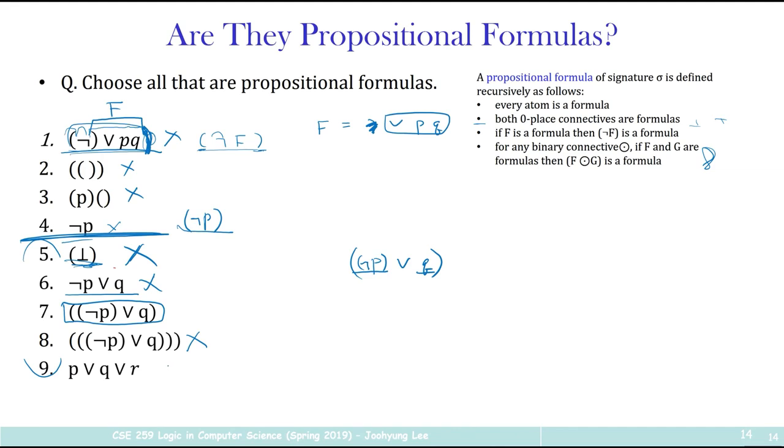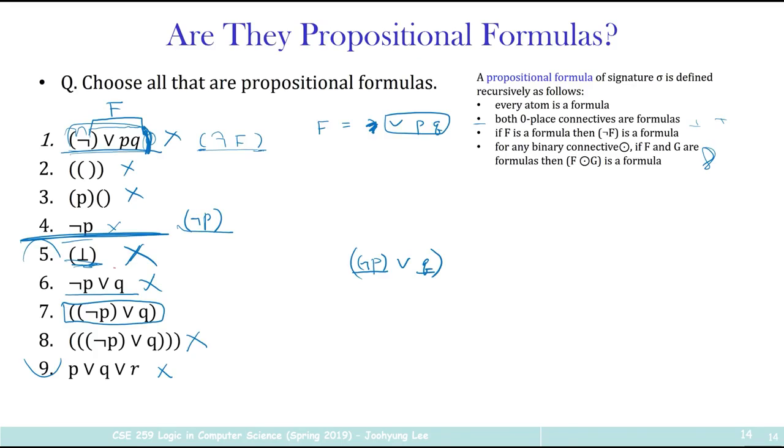And 9 is not a formula either because it does not have parentheses. So among the last 5 strings, only 7 is a formula. Are we together? It's a bit tricky because we are not skipping any parentheses.